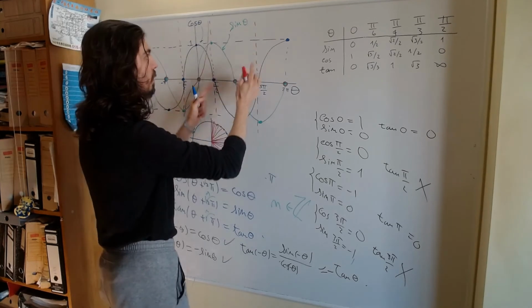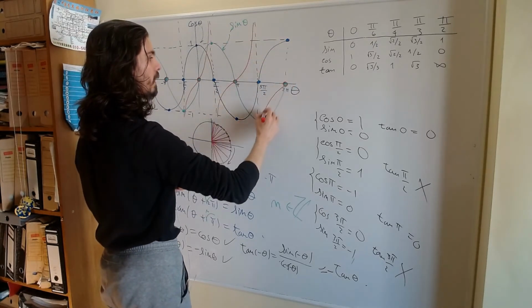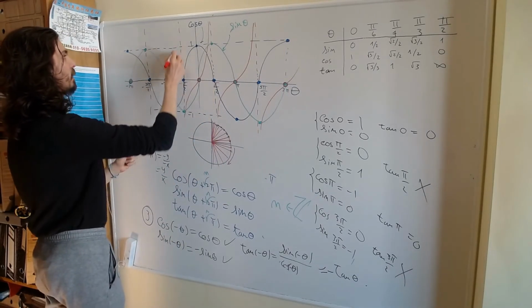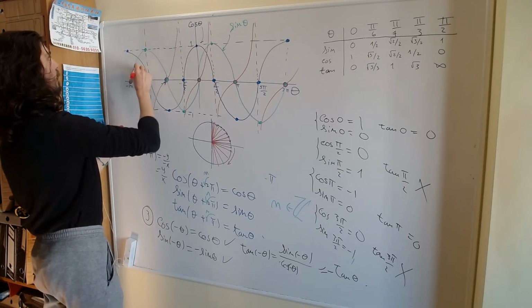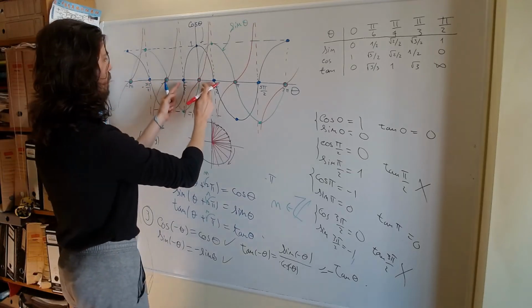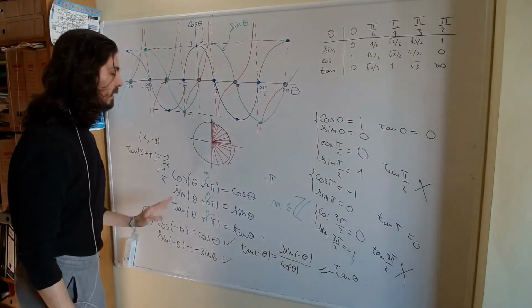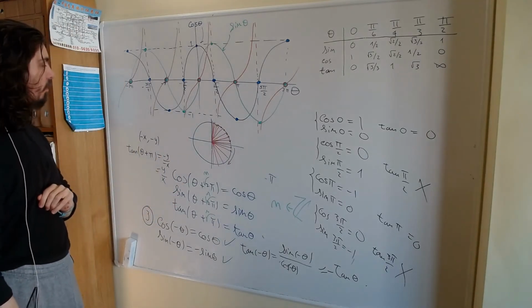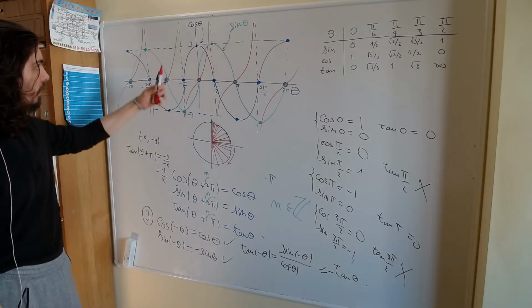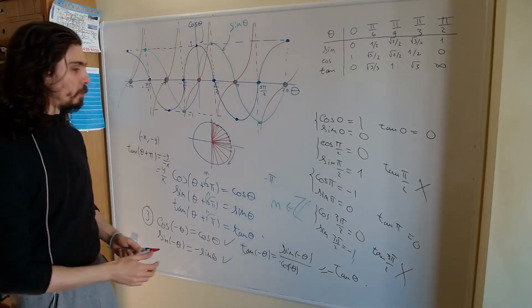So you just copy like this, or like this, or you just copy like this, or you copy like this, because every single time you move pi, you get the same results. Okay, can you see? So this is how you derive from these properties the behavior of our three functions. Okay, here they are, these beautiful waves.